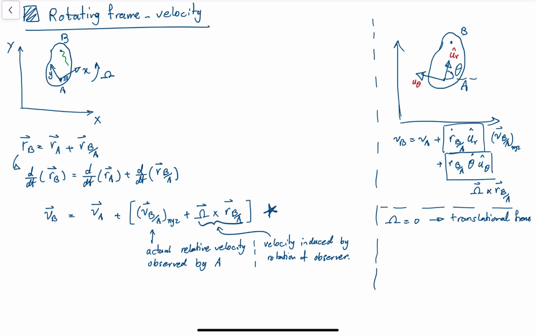And you would expect to recover the same equation we had before. So let me write that down. V of B is V of A plus V of B relative to A as observed by the XYZ frame plus this omega times R of B relative to A, which is 0. And this is what we had.